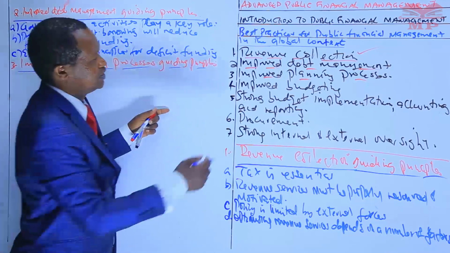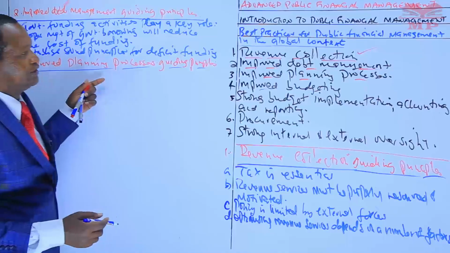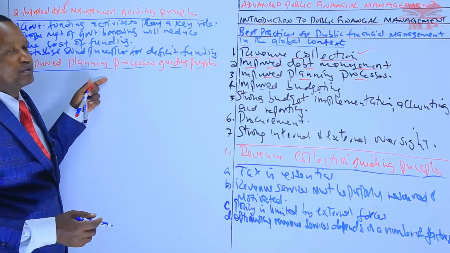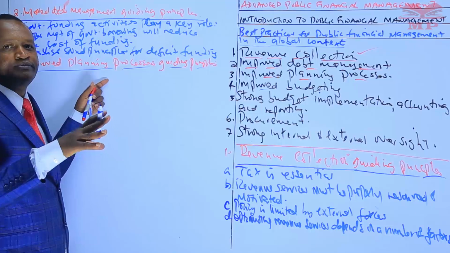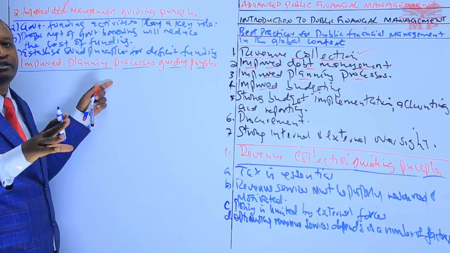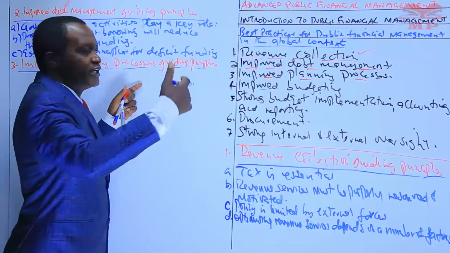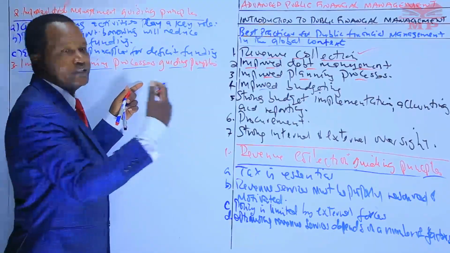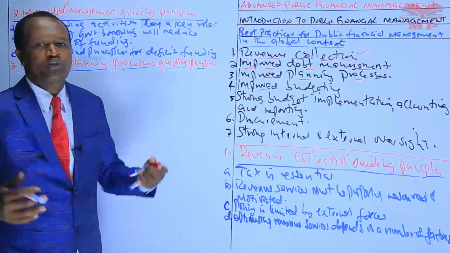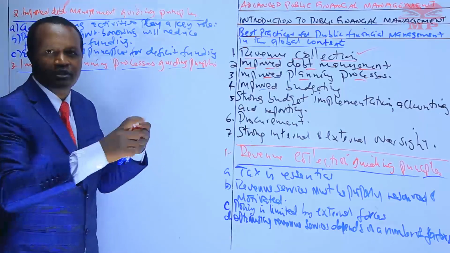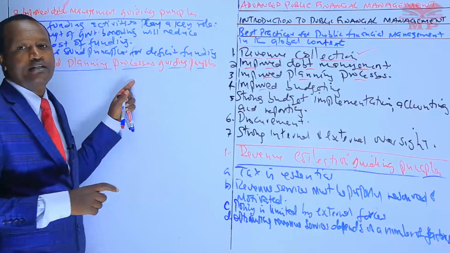While budgeting, which is the next step here, or a set of best practice, budgeting is the financial representation of the national plan, national objectives. Now figures are put to the plan.